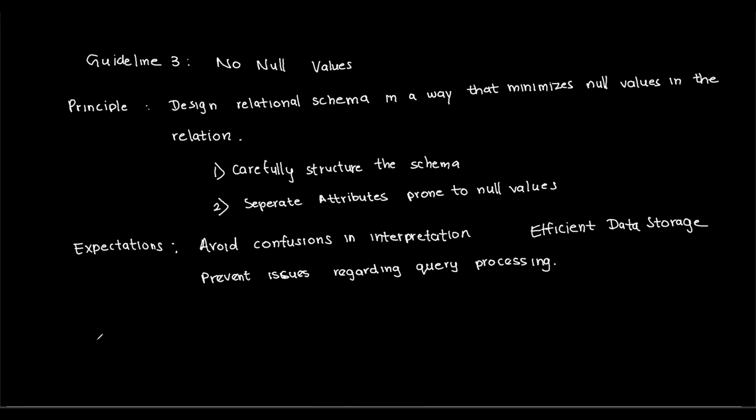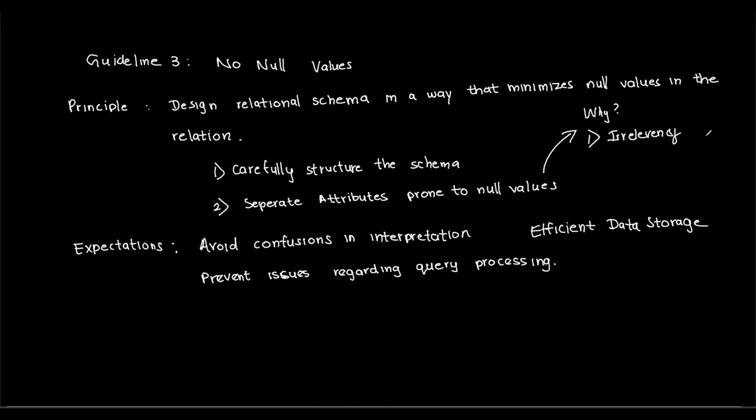And you should know the reasons. You should know why some attributes are prone to null values. Well, first of all, irrelevancy. What do I mean by irrelevant? Some attributes are irrelevant in some relations.